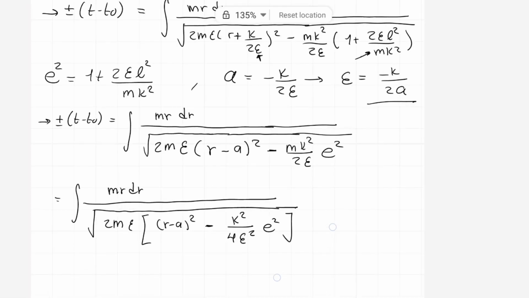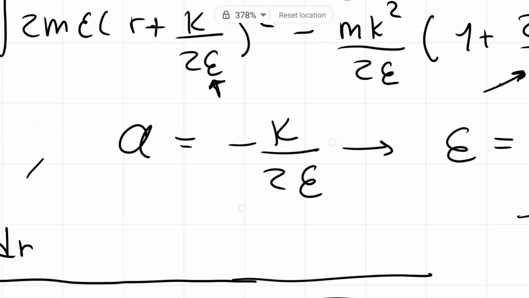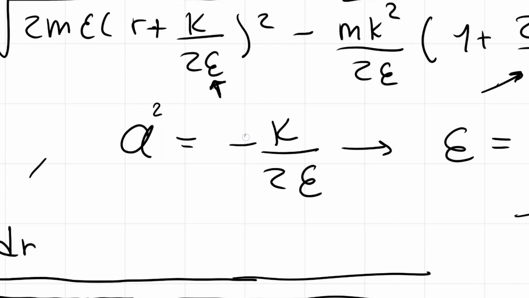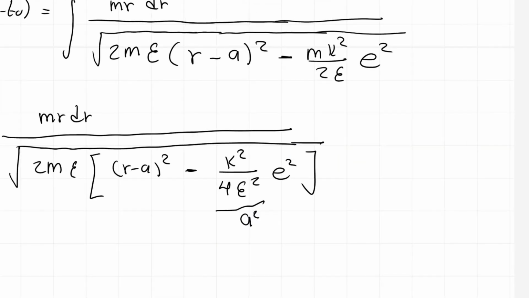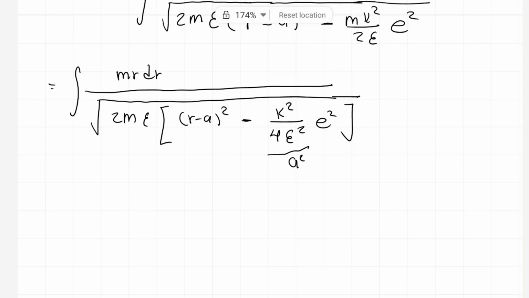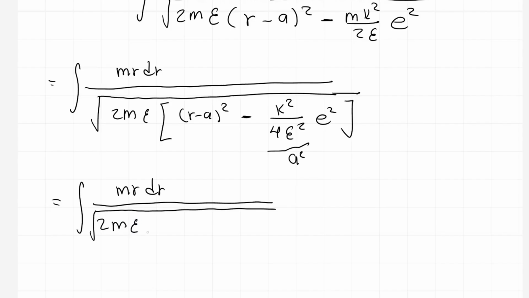But look, we have seen that a is equal to negative k over 2E. So if we raise this to the second power, we are going to get plus k squared over 4E squared, which is actually the same thing that we have here. So this is a squared. Okay? So this is equal to the integral of mr dr over the square root of 2mE times (r minus a) squared minus a squared e squared. Okay?